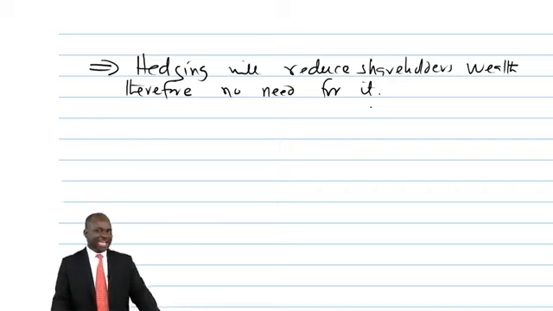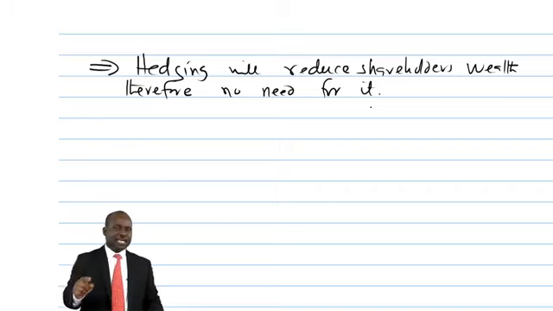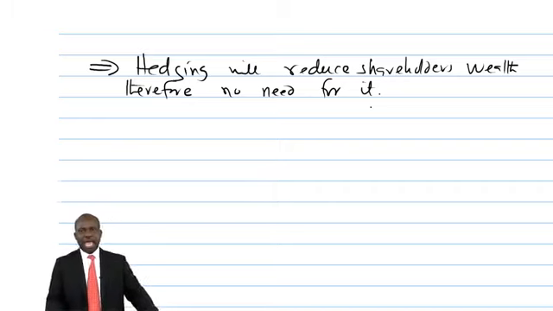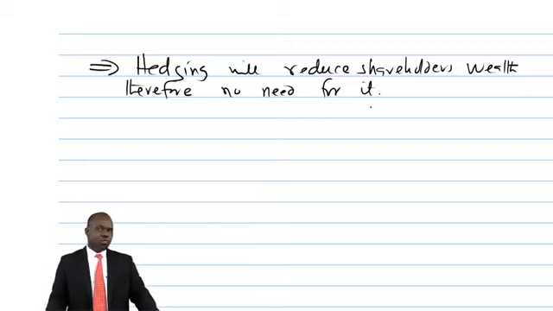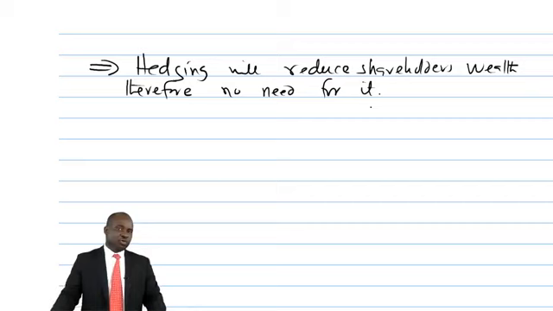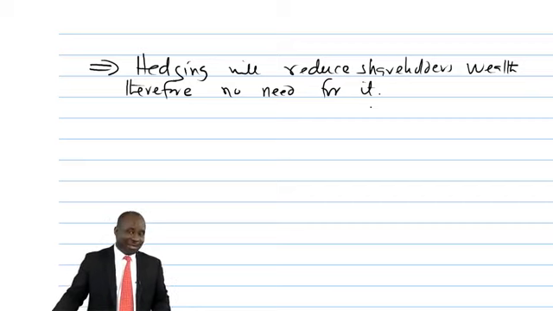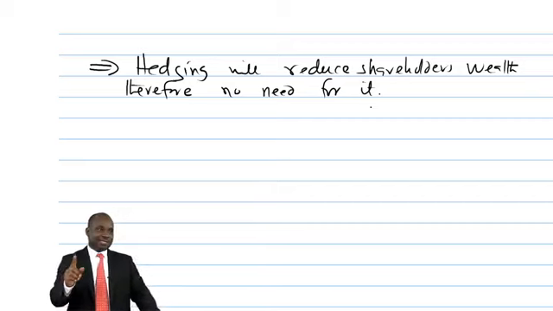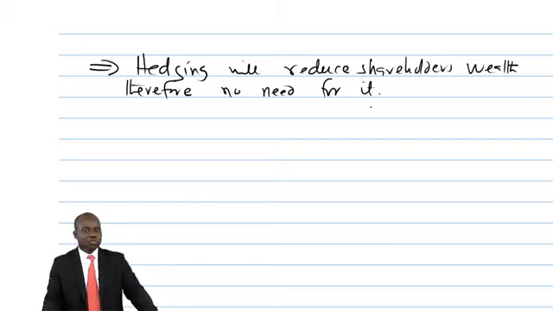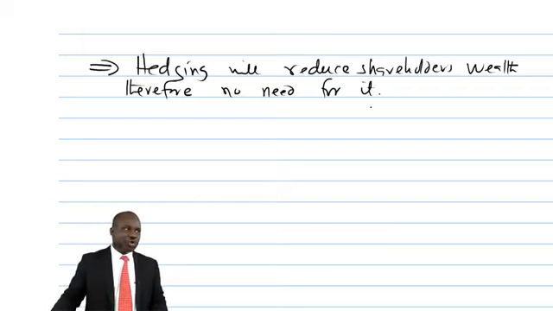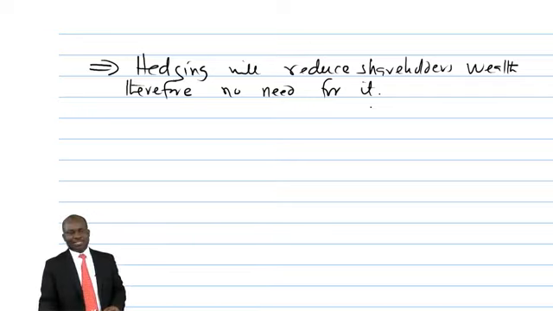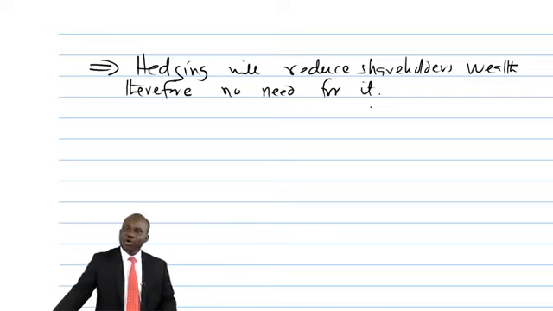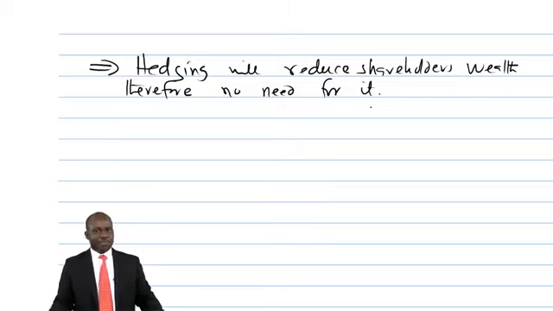But if the hedging cannot reduce risk, then there's no benefit. And when we are talking about risk that we can reduce, it is only unsystematic risk that can be reduced. Systematic risk cannot be reduced. If you remember, systematic risk cannot be reduced. Only unsystematic risk can be reduced.